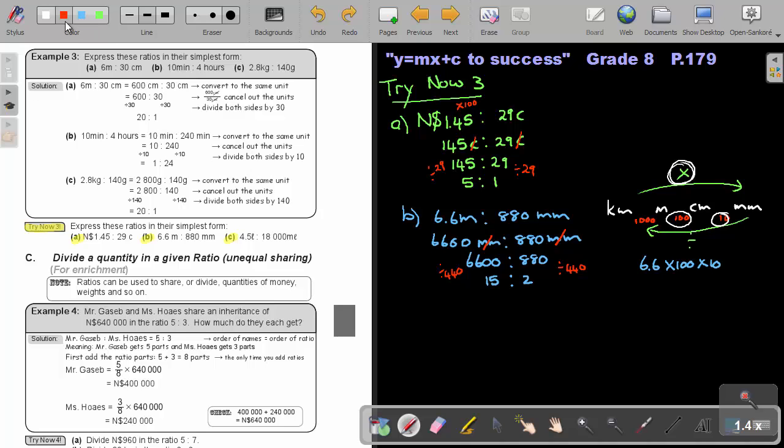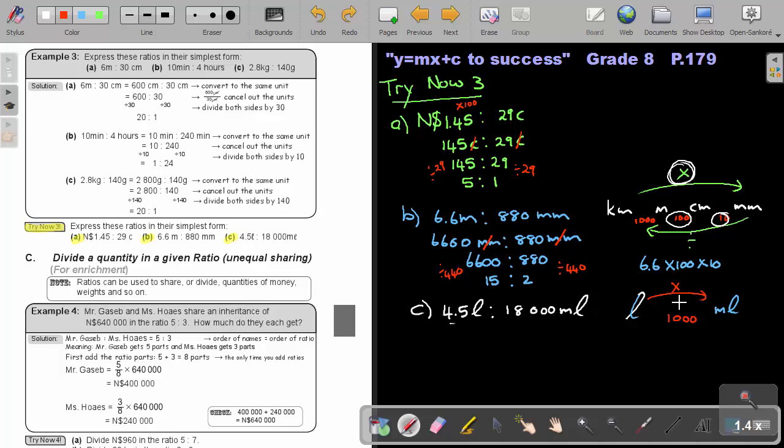And then the final one, this will be number C. This is 4.5 liters to 18,000 milliliters. Now remember, liters to milliliters, there is exactly 1,000 between them.